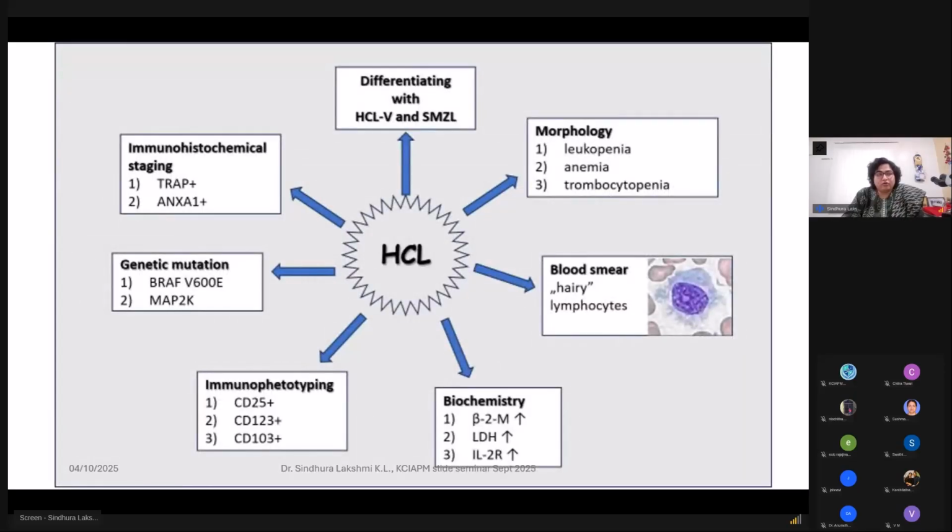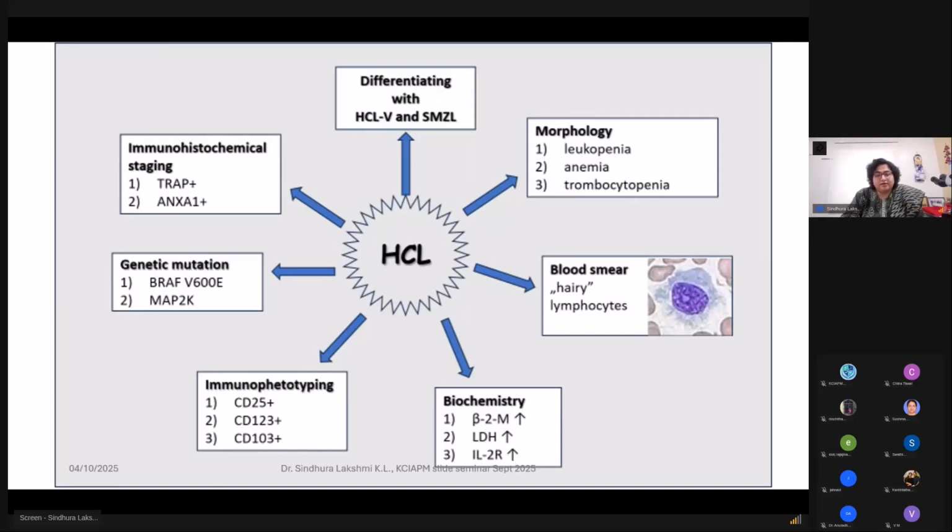One is definitely morphology. Patients will present with pancytopenia with massive spleen, like the classic history that was given. Usually, there will be leukopenia with monocytopenia. There may or may not be anemia and thrombocytopenia. The blood smear morphology is very typical, as you saw in this case, hairy lymphocytes.